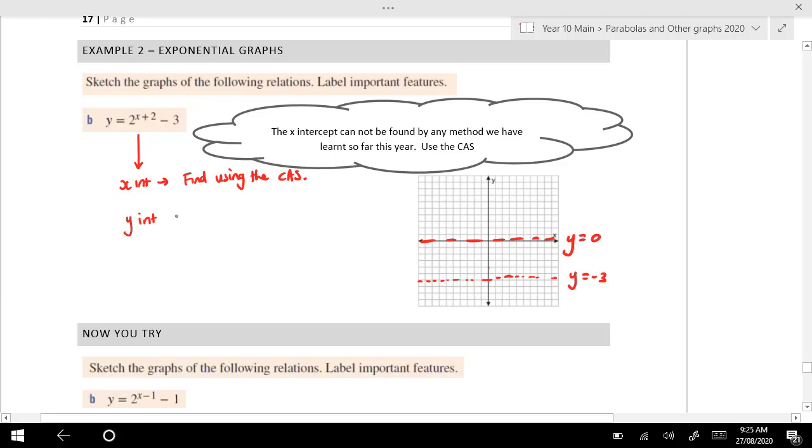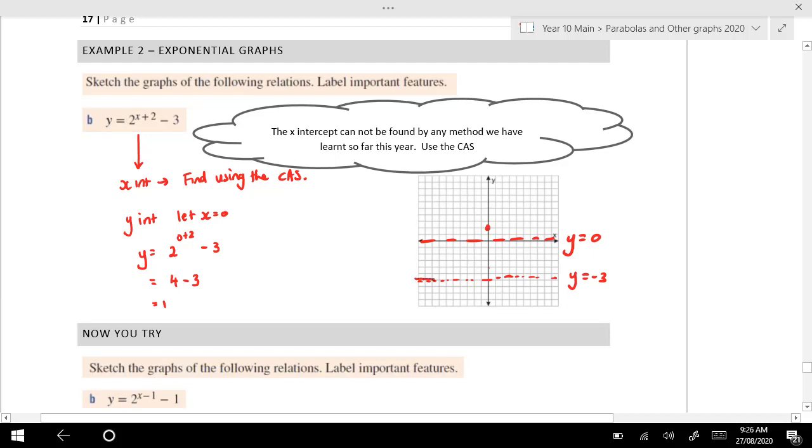The y-intercept, we let x equal 0. So that's 2 to the power of 0 plus 2. Well, 2 to the power of 2 is 4. 4 take 3 is 1. Okay, so the y-intercept is at 1. Let's call it there. And our graph is still going to have the same shape.